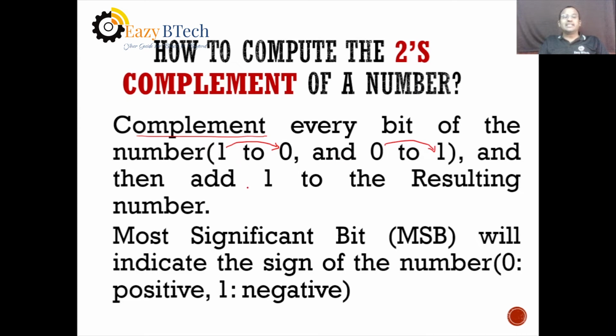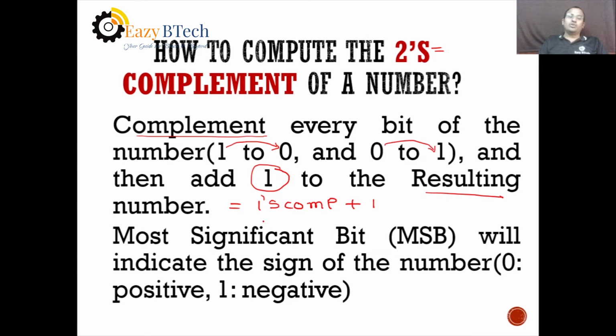Then the additional thing we have to do is add 1 to the resulting number. So to find the two's complement, we have to find the one's complement of the given number and then add 1 to it, and we will get the two's complement of the number, right?